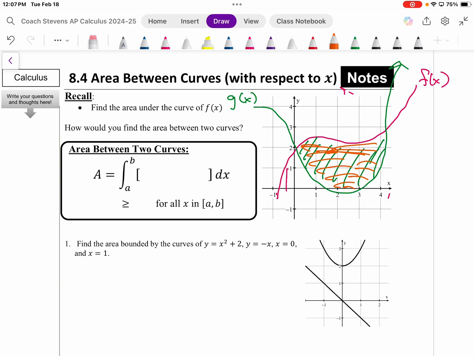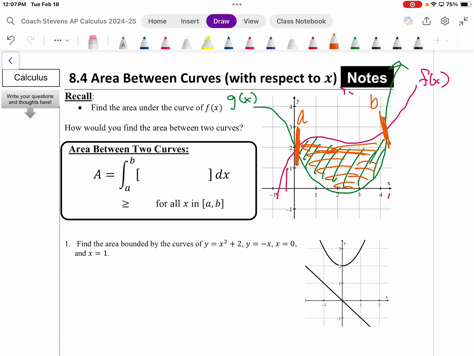And so we have a formula set up here where the area is the integral from a to b. Basically, a is the lower bound, so there's my a. Here's my b value. Sometimes they work out to be nice x values.